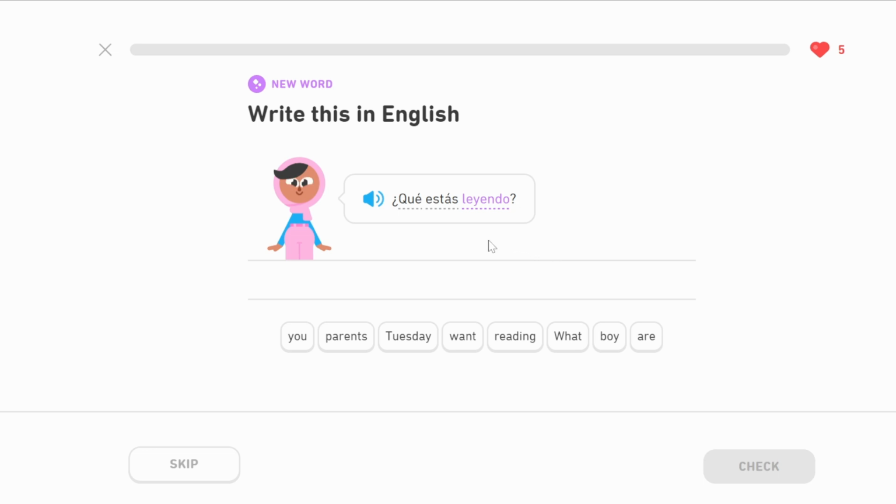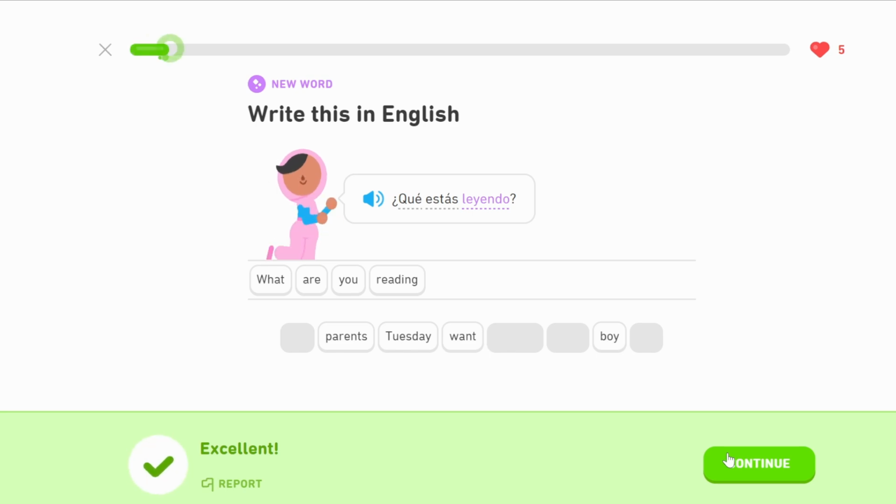And leyendo is when you add endo to ir and er verbs: you basically take off the er or the ir and you add endo. It basically means in the moment. So in this case, leyendo would mean reading. So there we go. ¿Qué estás leyendo? What are you reading?